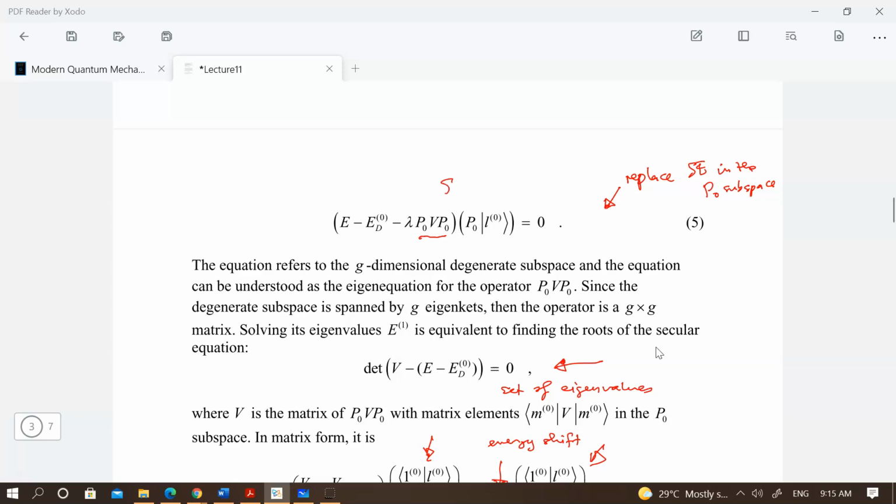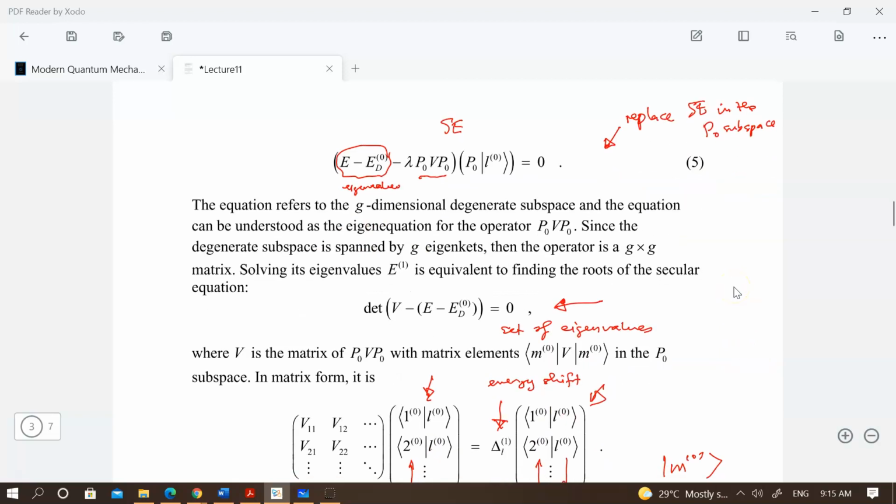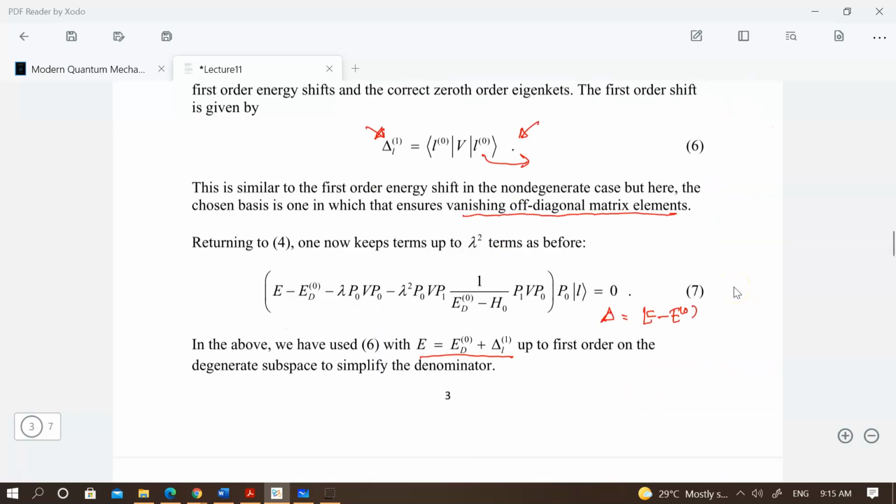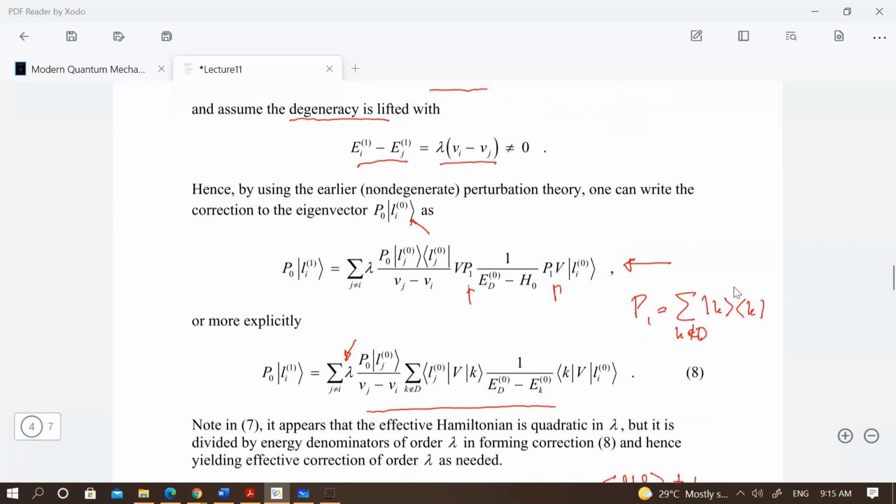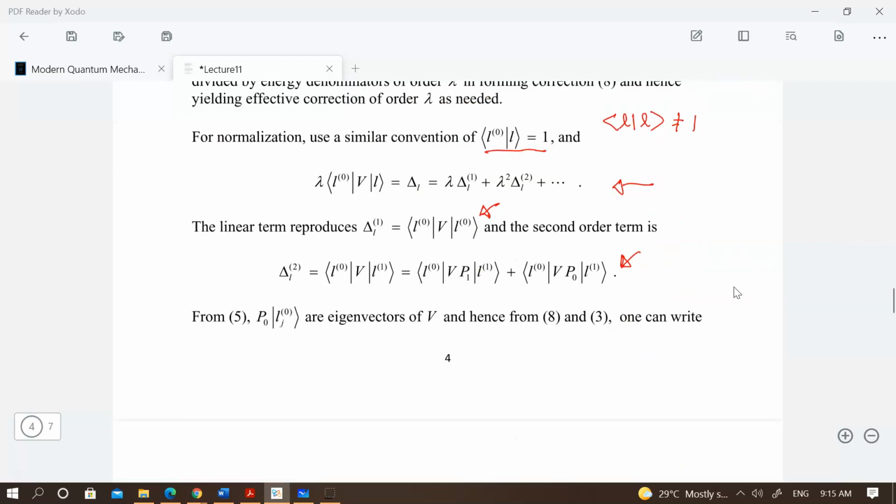This is like your Schrodinger equation, right? So in other words, we have an operator here, but this part is your eigenvalues now, and this is like your Hamiltonian. Okay. So you can actually see that your P naught L naught is going to be eigenvectors of your V.